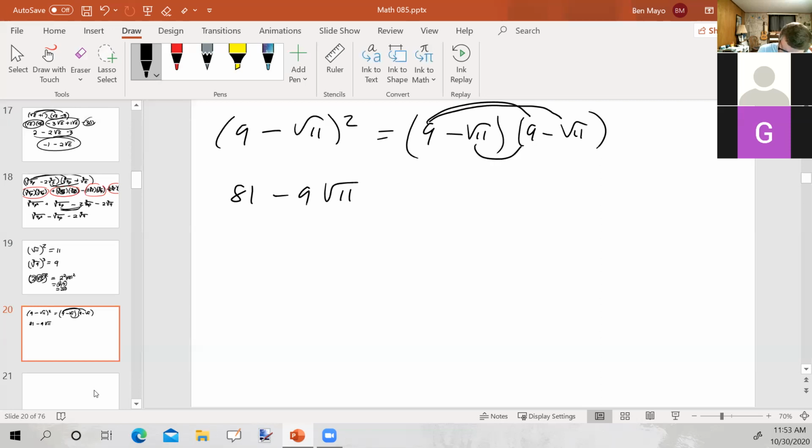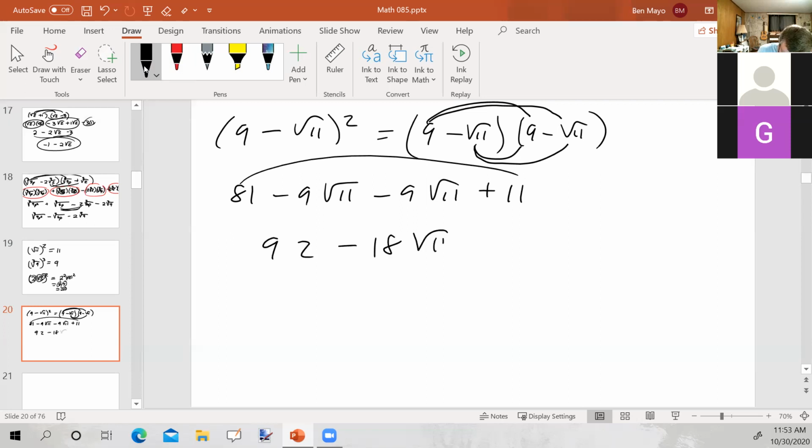Minus the square root of 11 times 9 is minus 9 square roots of 11. And what's minus the square root of 11 times minus the square root of 11? That would be plus 11. Good, good, good. So now I've got what, 92 minus 18 square roots of 11.